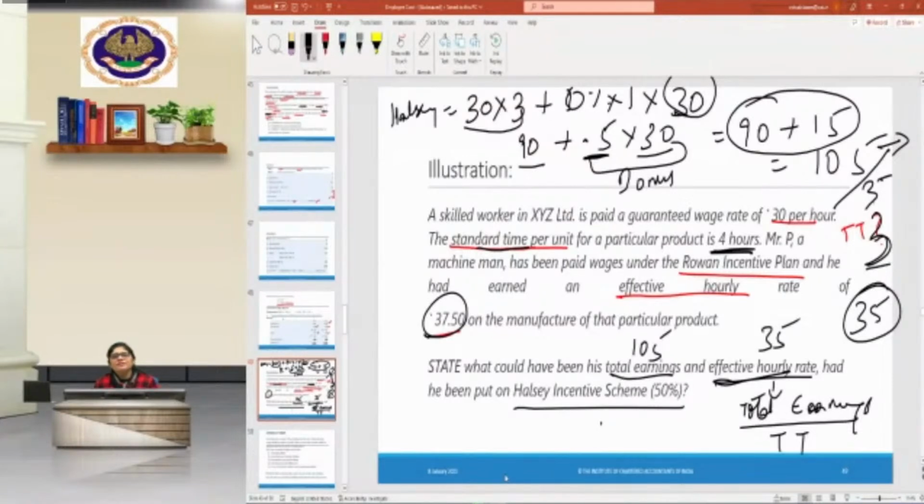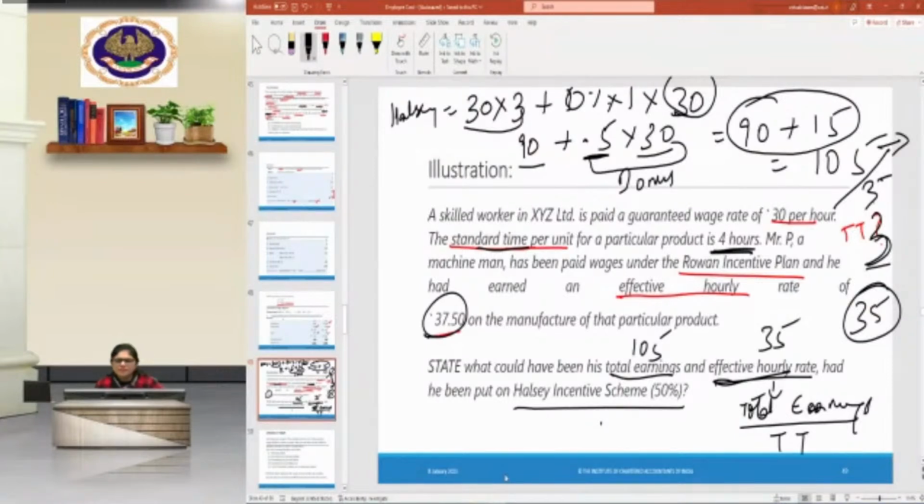What is the effective hourly rate which the worker has earned? The total earnings divided by the time taken. When we calculate the labor cost, the situation is totally different. Then we have all the components, whatever cost the organization bears for the worker. So both things are different. This is the hourly rate for the earnings which the worker has earned because of the wages and the bonus. So shall we move forward?